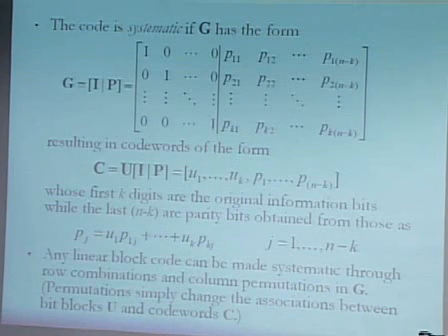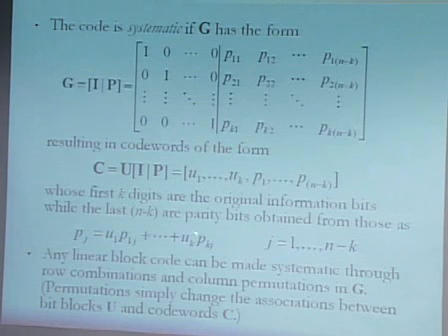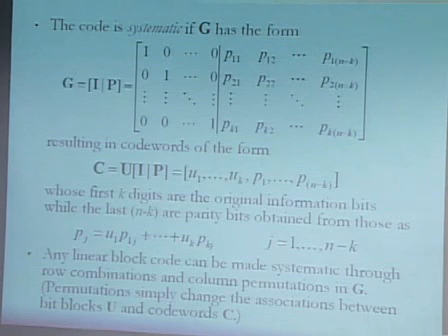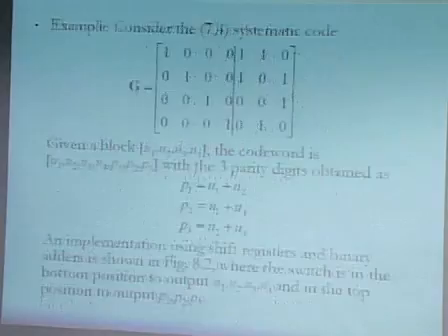So the code words start with the information bits plus some additional bits which are called parity bits, which are found by a linear combination of the rows of the matrix P, which is the latter part of the matrix G. So it's a special case where each code word is formed by taking the information bits first and then adding some parity bits, found through a linear combination of these information bits with the rows of this matrix P. And we can take any code and make it systematic by doing operations on the matrix G. We shall not get into that, so you can just forget about it.